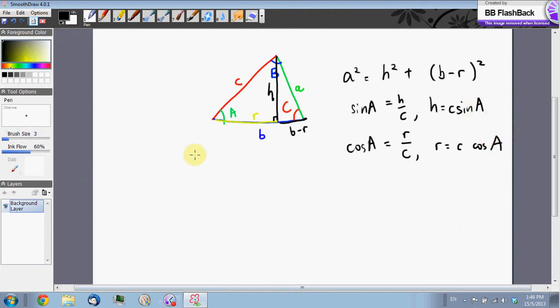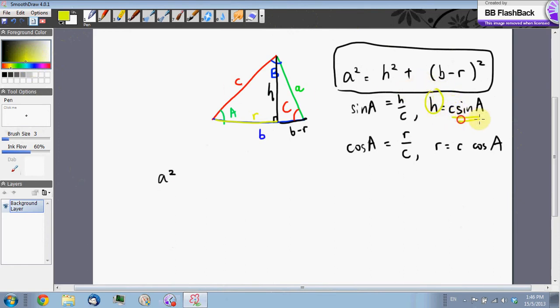So you can see that by using this equation and substituting in what H is and what R is, we get that. Okay, so how do we substitute? Let me show you. H, whatever C sine A is, I'm going to put it here, and whatever R is, I'll substitute it in here.